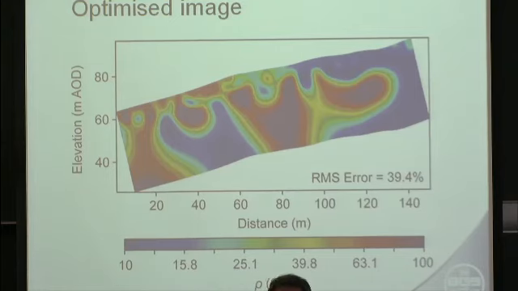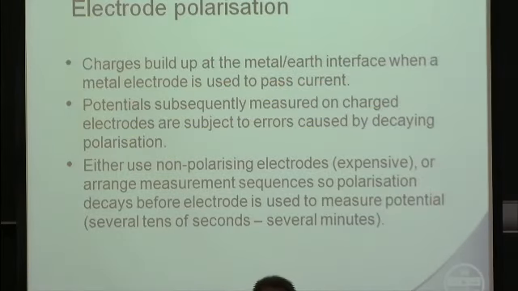The reason we're getting this is because of an effect called electrode polarization. This is where, if you use metal electrodes to pass current into the ground, you then go and measure a potential on them later. Charges have built up on the surface between the metal-earth interface, and that gives you errors when you then use a charged electrode later on to measure a potential.